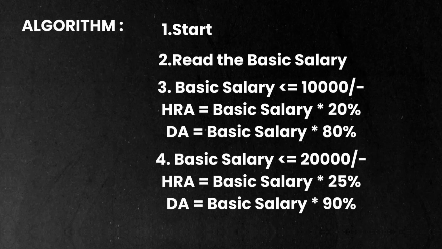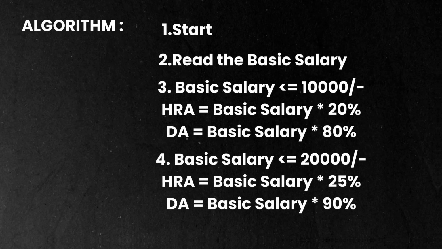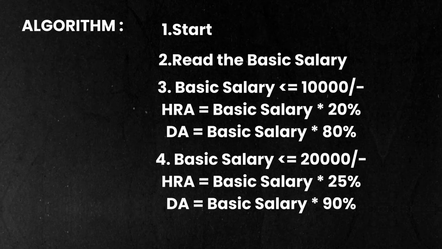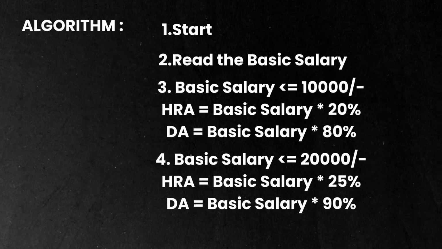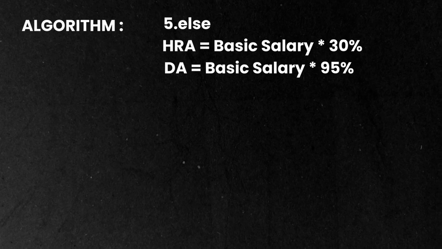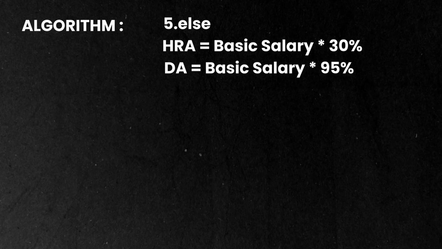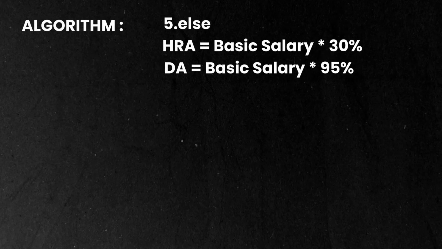Fourth step is if basic salary is less than or equal to 20,000, then HRA is equal to basic salary into 25% and DA is equal to basic salary into 90%. Fifth step is else, HRA is equal to basic salary into 30% and DA will be basic salary into 95%.